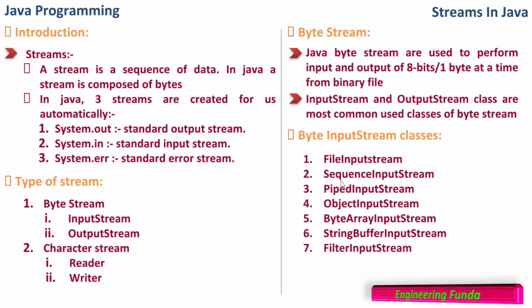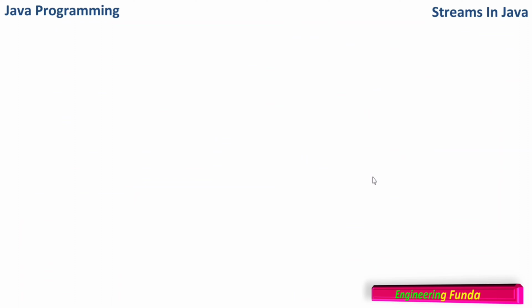First is FileInputStream, SequenceInputStream, PipedInputStream, ObjectInputStream, ByteArrayInputStream, StringBufferInputStream and FilterInputStream. Now FilterInputStream also has 3 classes which extend it, that also we will see. Now each of these input streams has some specifications, some use in Java programming.